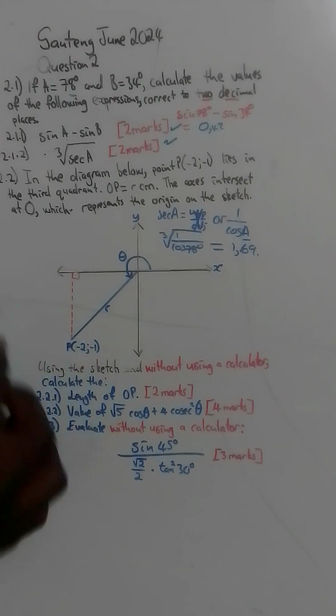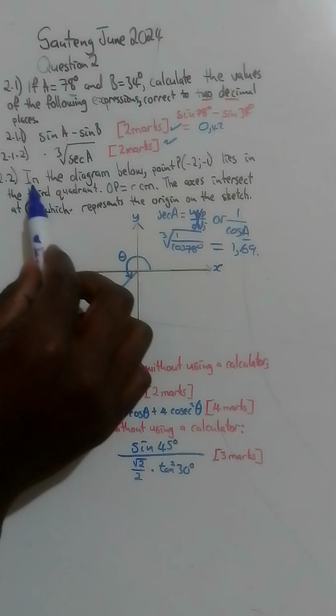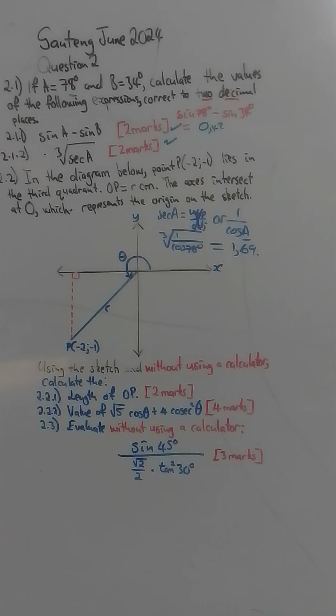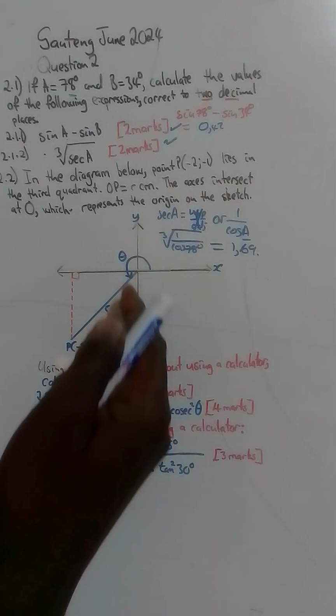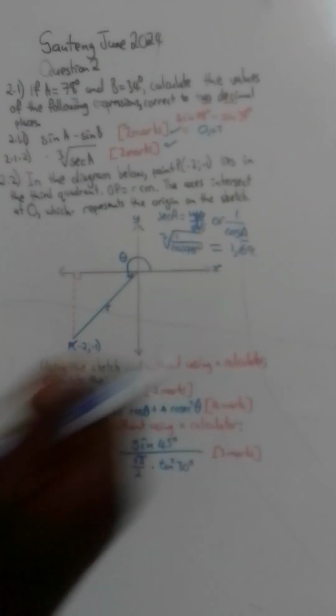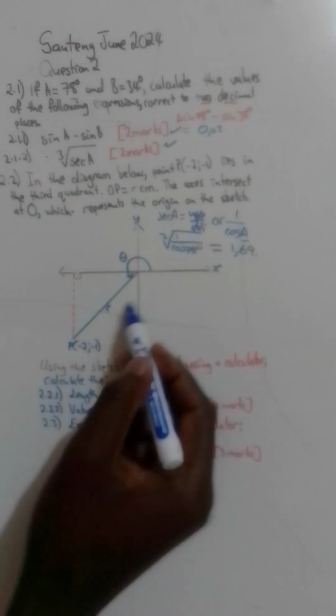Now we come to this scenario whereby we are told that in the diagram below, point P, which is this point here, has x coordinate -2 and y coordinate -1, and it lies in the third quadrant, and line OP is equal to r centimeters.